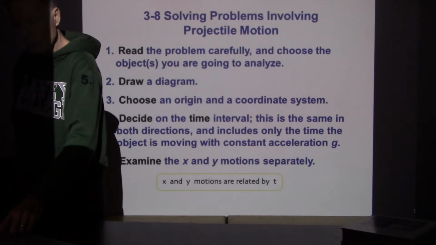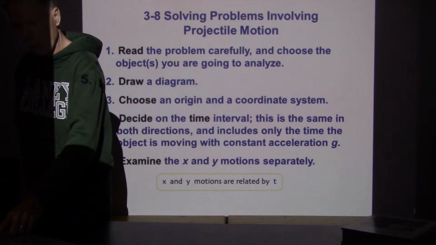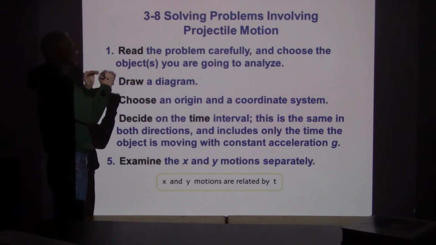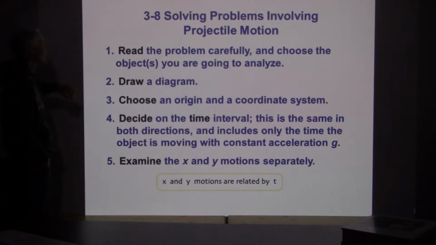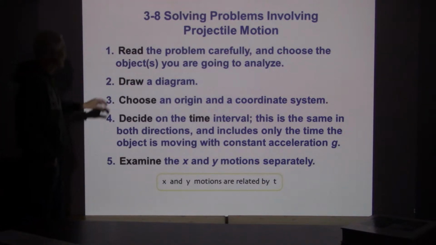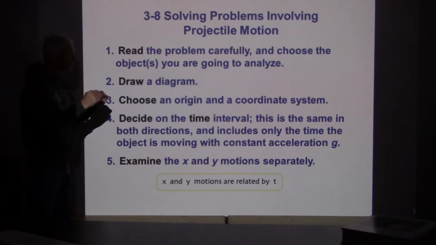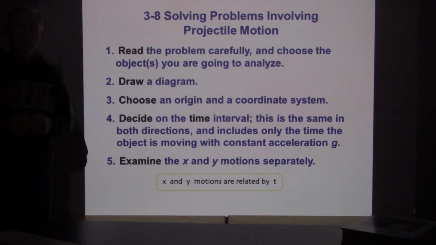Okay, so here are the projectile motion questions and the way that we are going to solve these. So what we want to do is, you guys got to remind me, make sure I'm reading the problem carefully and not just skimming over. Make sure you're clear about which objects are being analyzed. Draw diagrams, pick a coordinate system, and for a set of calculations, you have to stay with the same coordinate system.